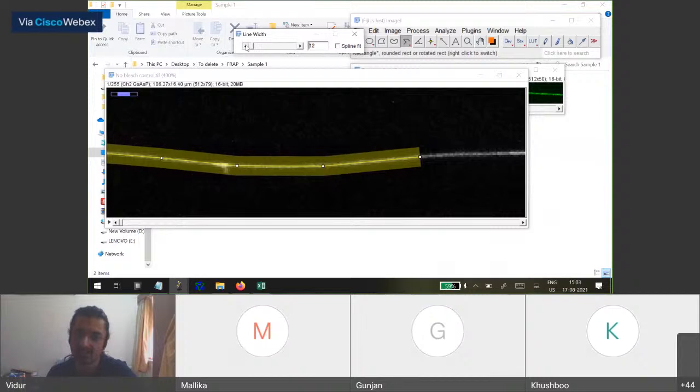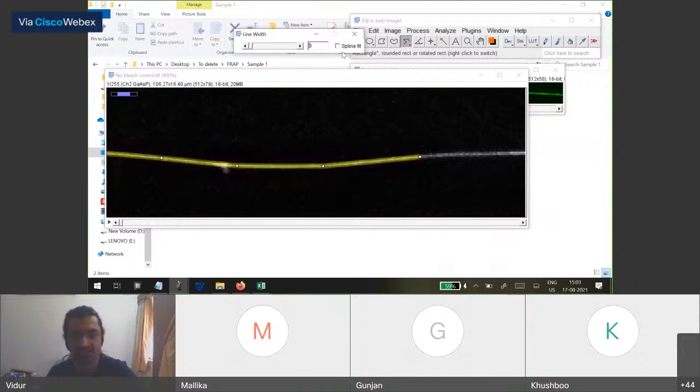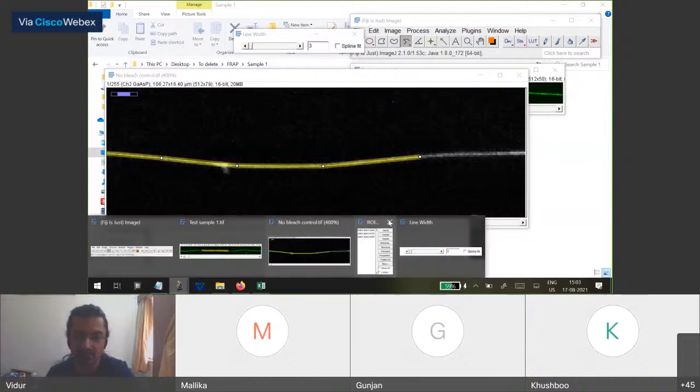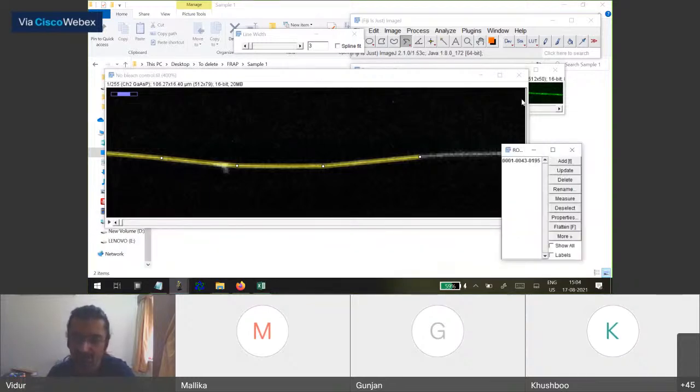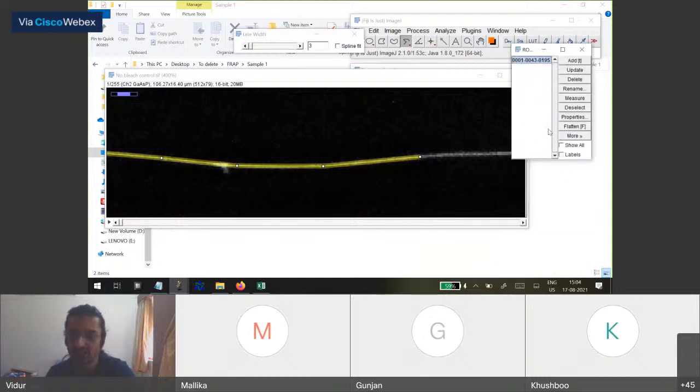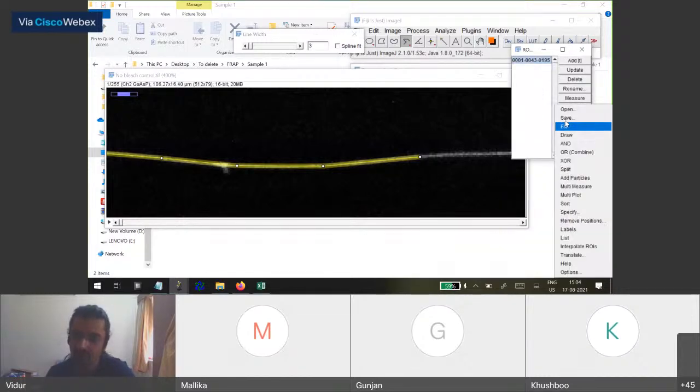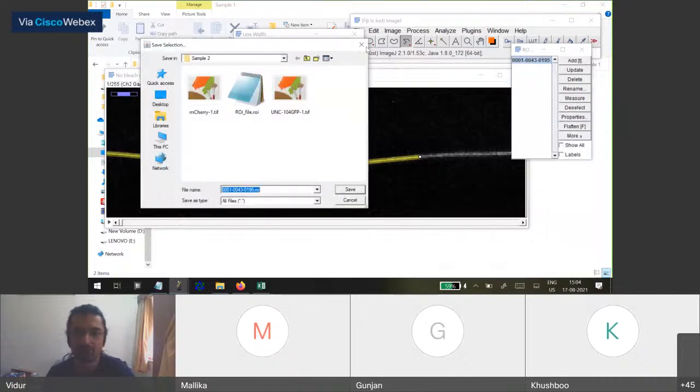For our case, the neuron generally encompasses around 3 pixels, so I'm going to put a line width of 3. To save the ROI file, press T on your keyboard, and the ROI will come up directly. Then you select it, press more and press save, and it will give you the option to save it. Is that okay?